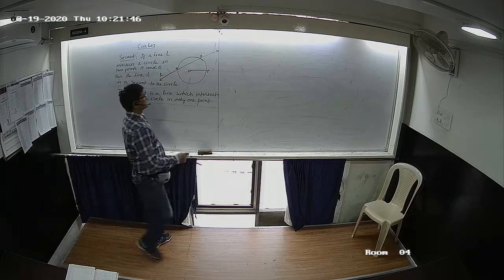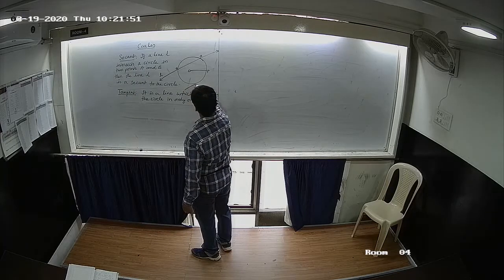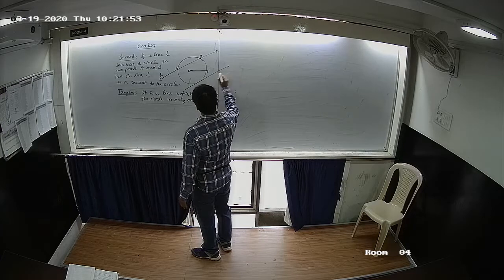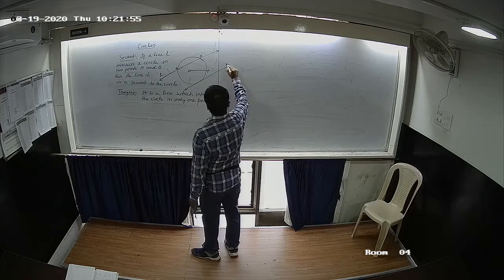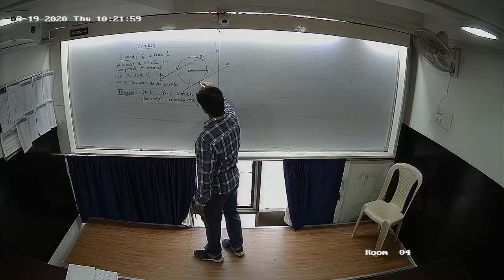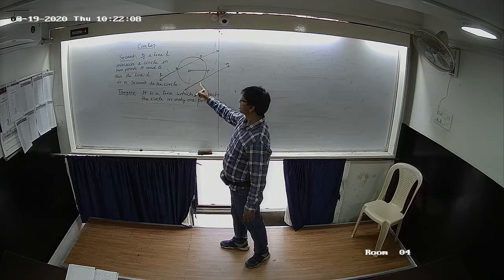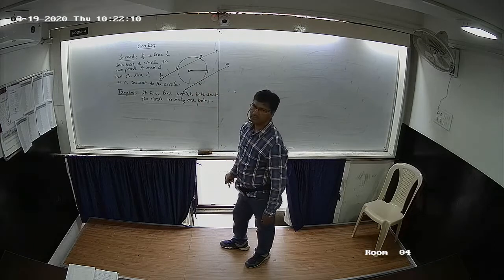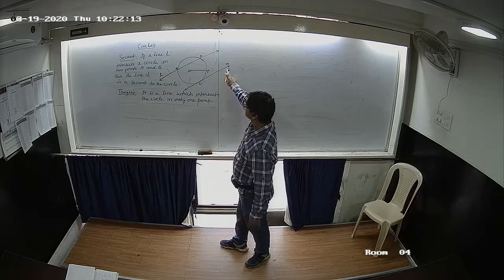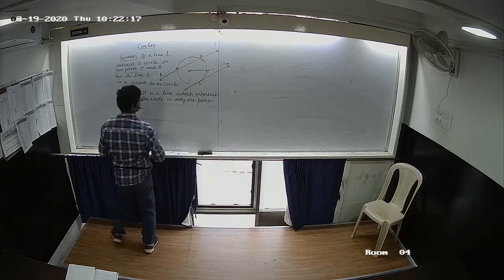Now, let us draw another line, line M. It just touches the circle in 1 point, say C. It intersects the circle in only 1 point. Then here, the line M is the tangent to the circle.